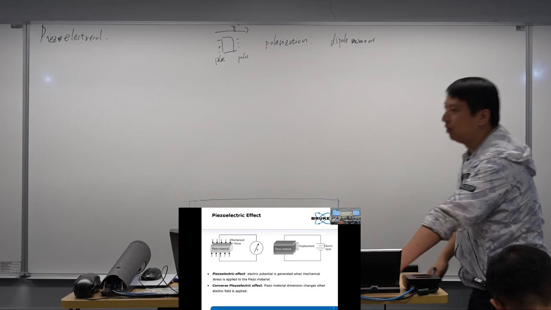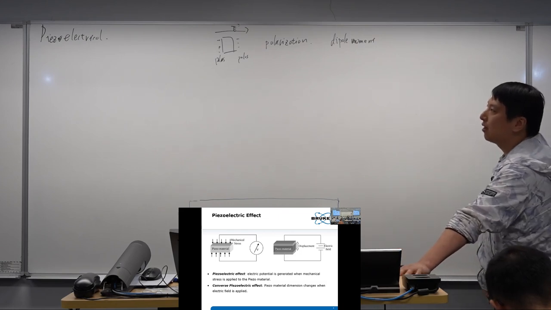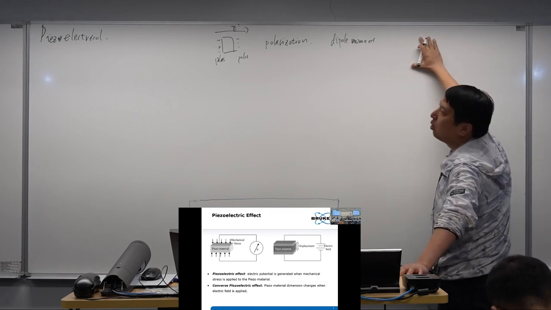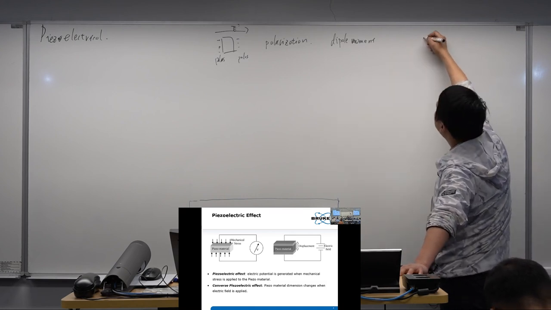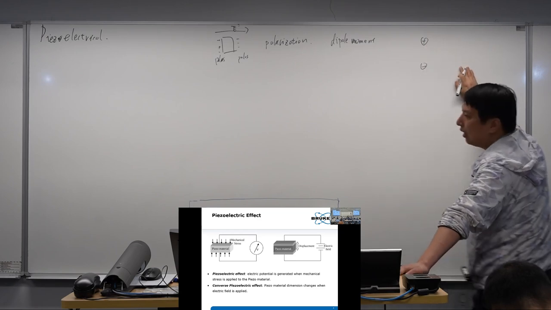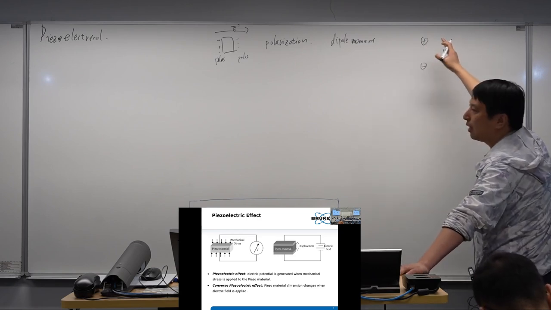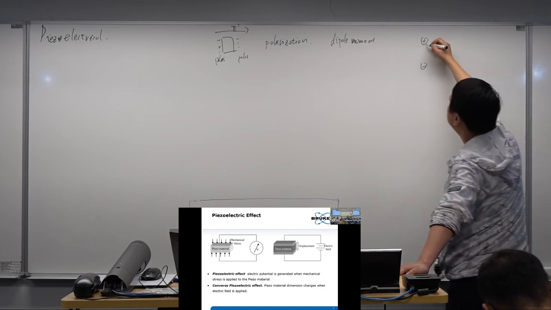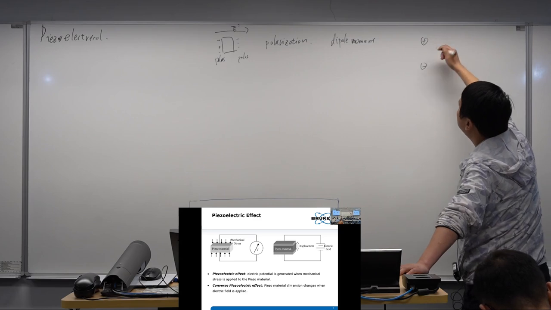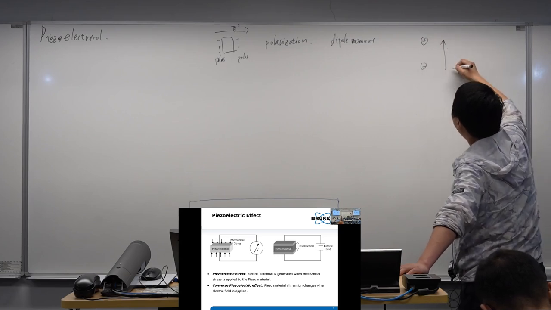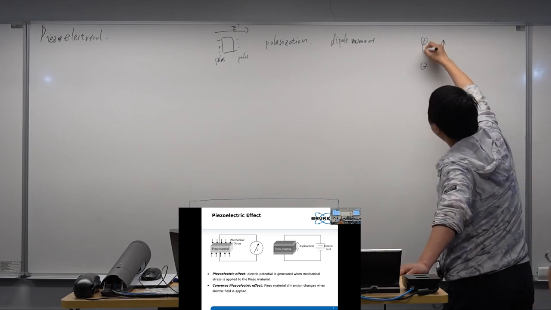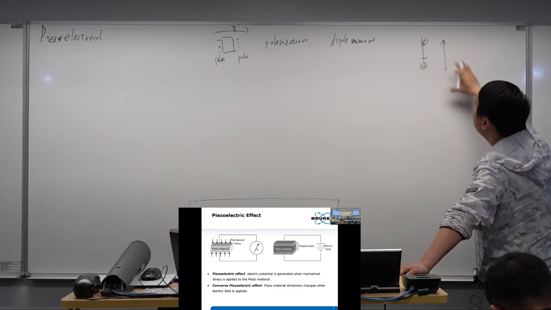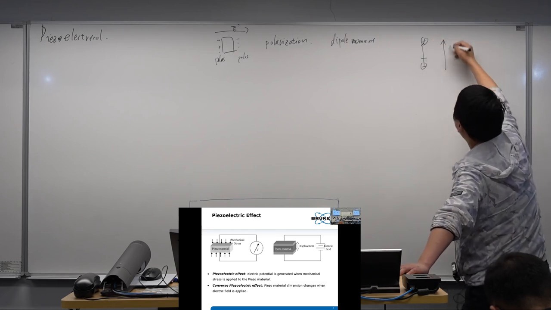I think most of you are familiar with this concept, the dipole moment. It means we have a pair of two charges, and these two charges would not combine together due to some other effects. They just form this kind of poles, and these two poles have a fixed distance between them. Then we call this a dipole.